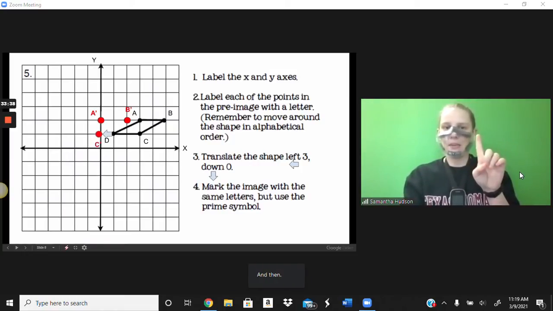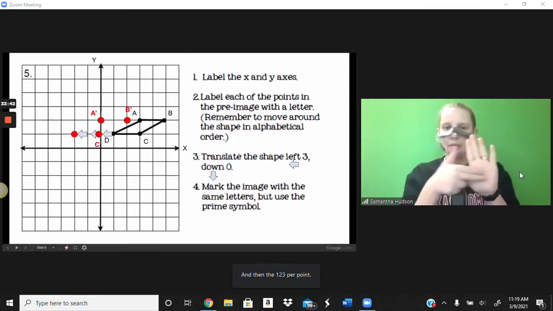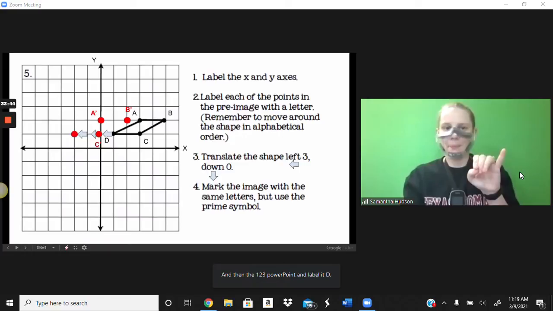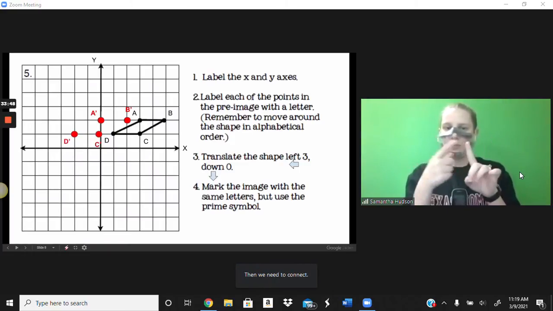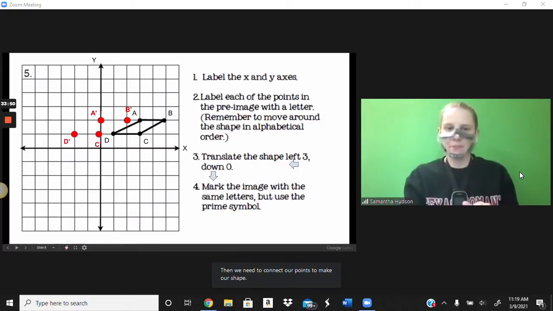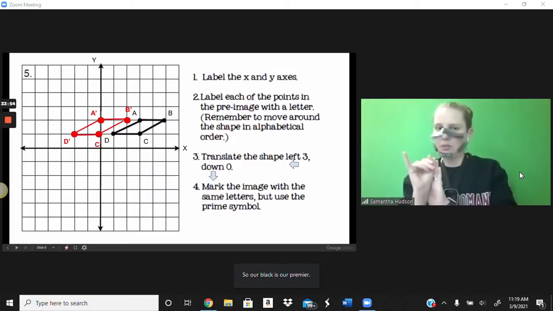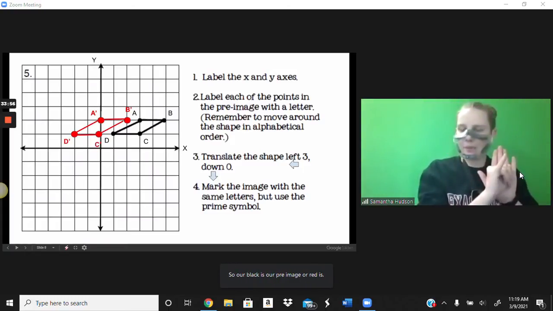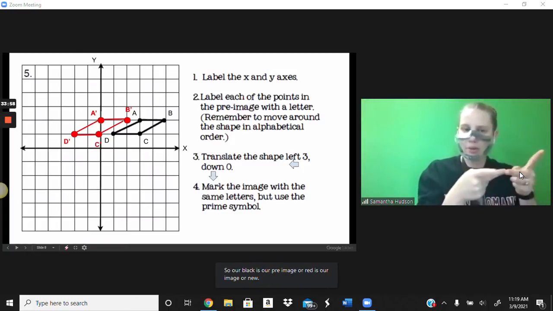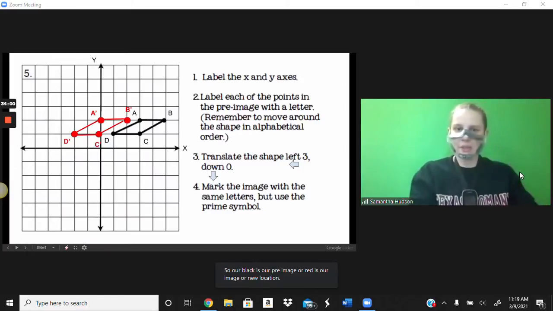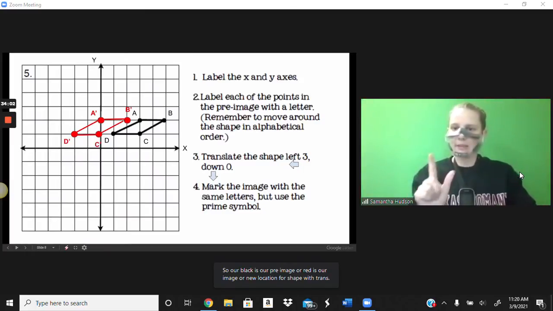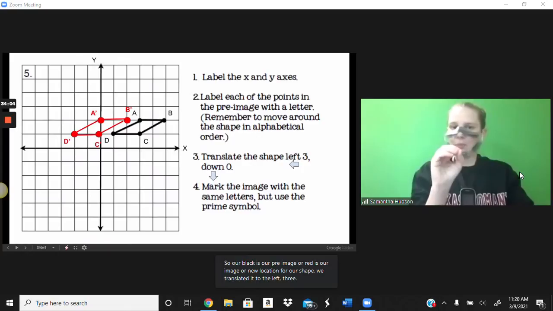And then D, 1, 2, 3, put our point and label it D prime. Then we need to connect our points to make our shape. So our black is our pre-image. Our red is our image, our new location for our shape. We translated it to the left 3, down 0.